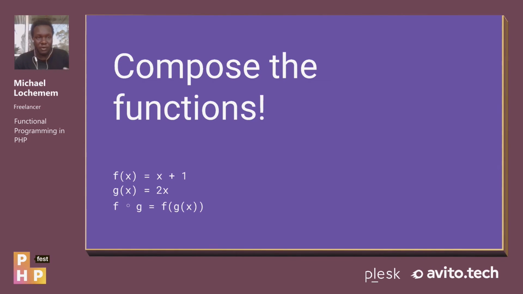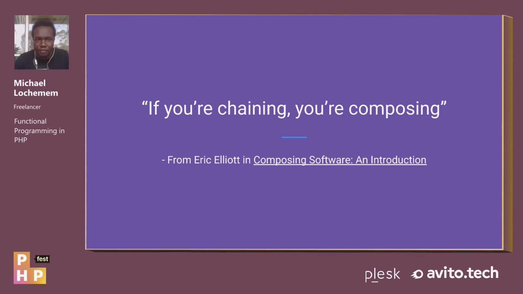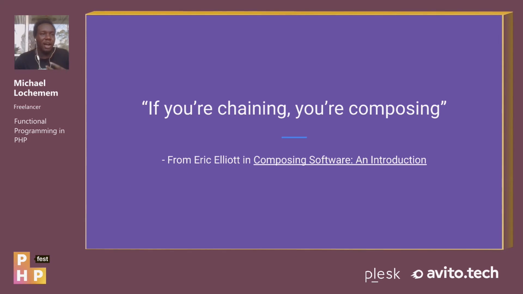So now it's time to compose the functions. We're heading into territory of creating meta applications, right? Composed of a litany of functions. So if you're chaining, you're composing, which is also another thing that you do on a day-to-day basis, right?